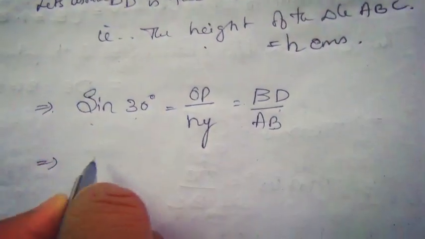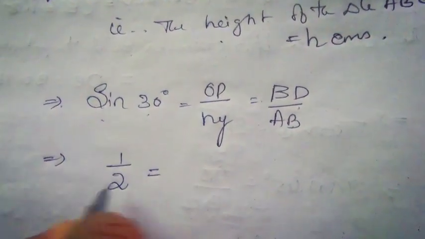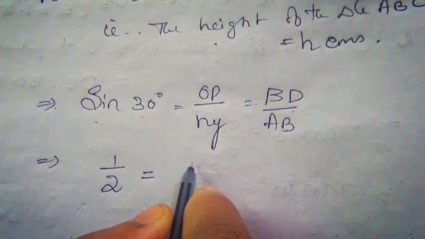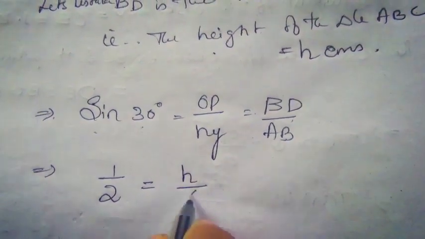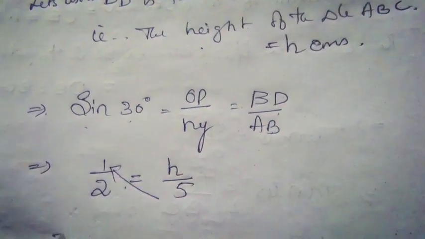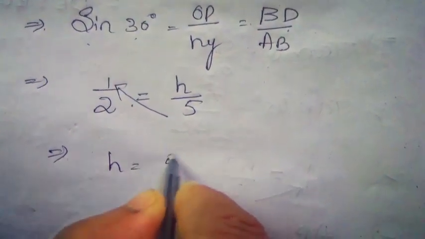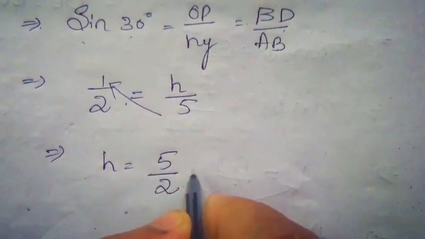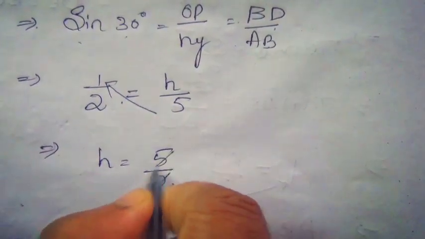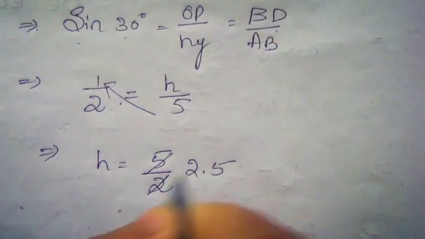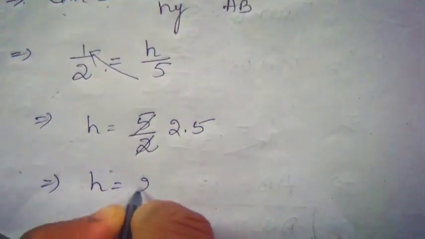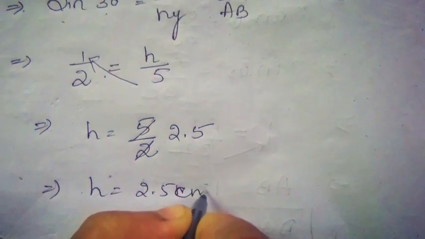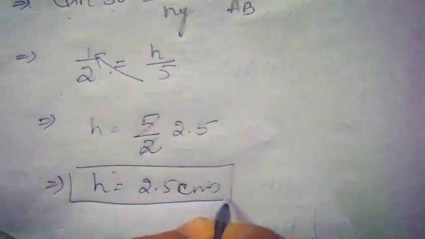That implies sine 30 degrees is equal to 1 by 2. BD is H, we don't know, by AB is 5 centimeters. That implies H is equal to 5 by 2, that is 2.5. H is equal to 2.5 centimeters.